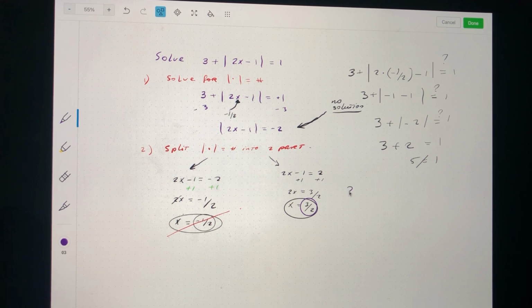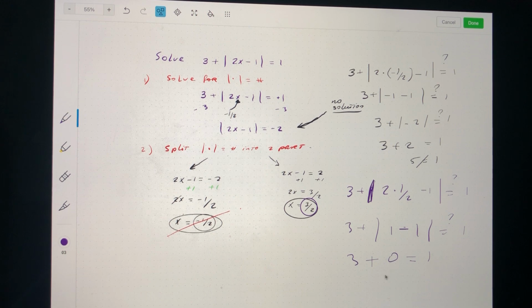So starting back, 3 plus absolute value 2 times 3/2 minus 1, is that equal to 1? Well, 3 plus 2 times 3/2 is 3, minus 1. Well, 3 minus 1 is 2. Absolute value of 2 is also 2.